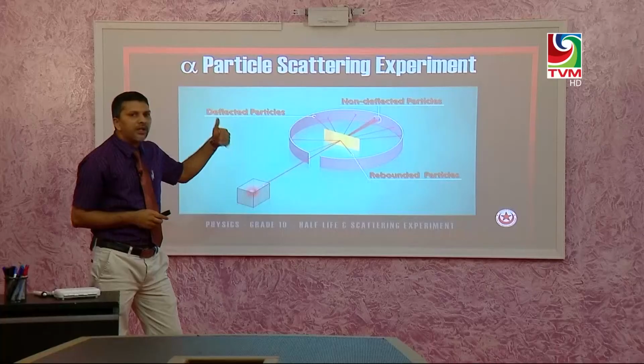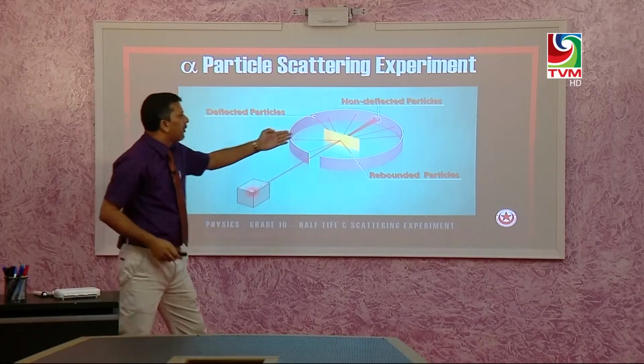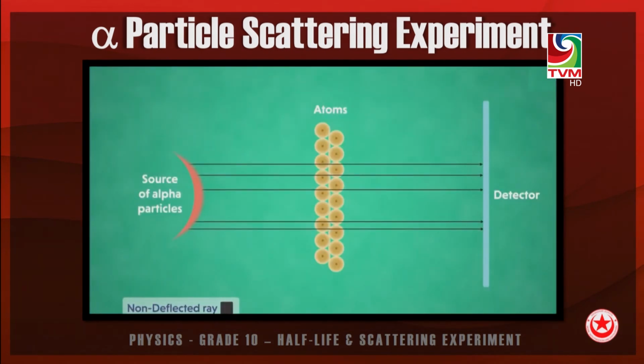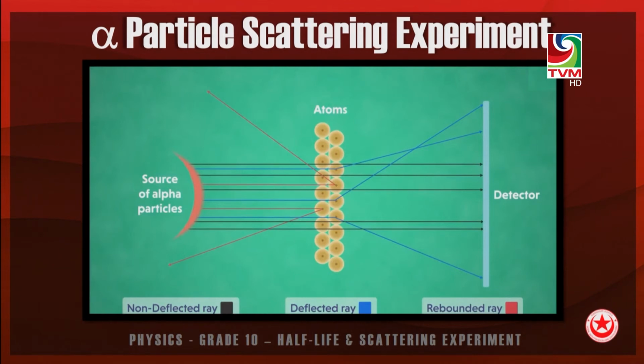But he got a different observation: most of the alpha particles were undeflected, some were deflected, and very few rebounded. From that he concluded one thing: most of the space in an atom is empty. That's why most of the alpha particles go straight, and some alpha particles are deflected.